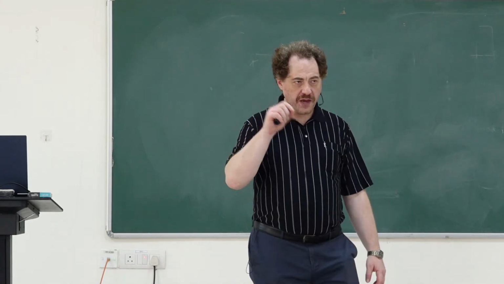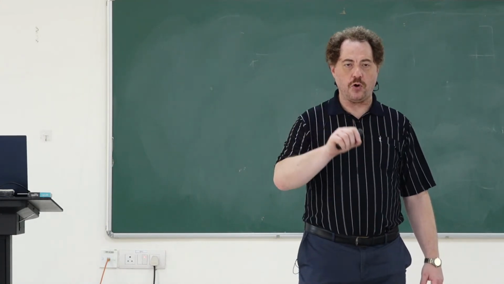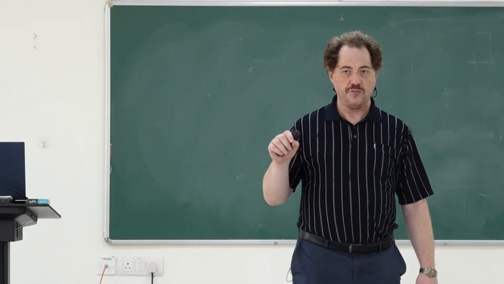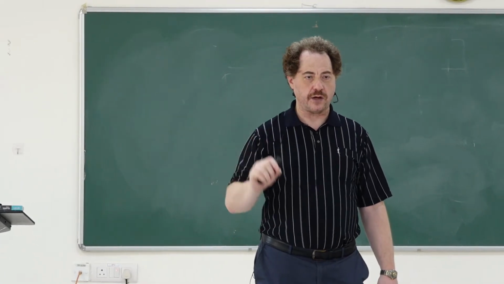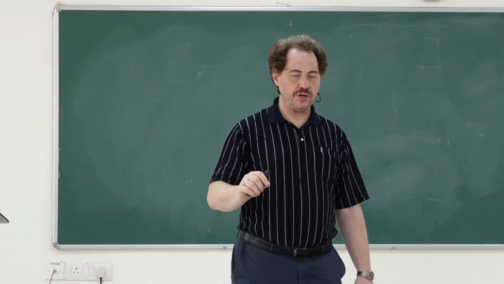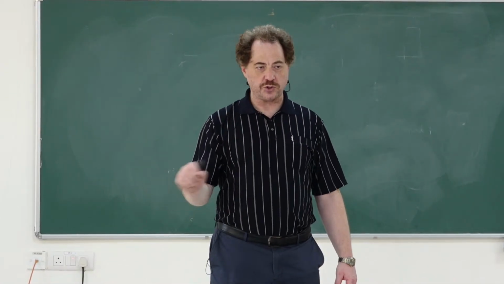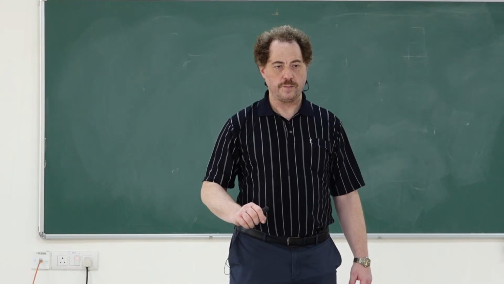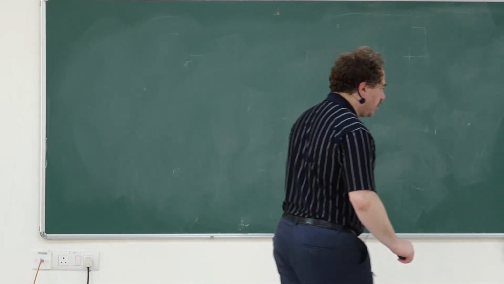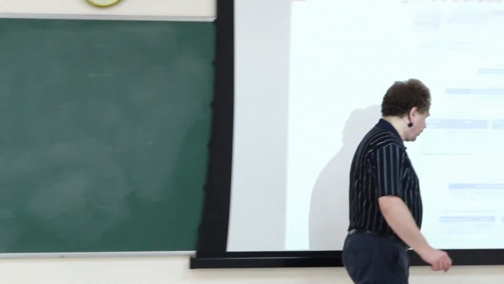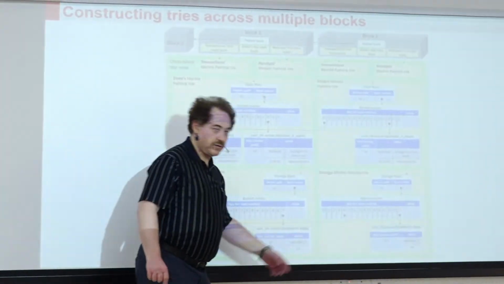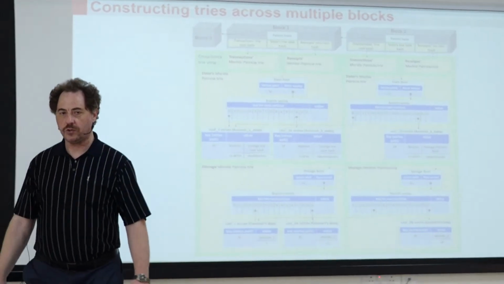So in order to fetch and update the value of a variable in the program, we first need to find the right account by traversing the state tree. Then we need to find the right variable for that account by traversing the storage tree. And once we find the right variable, we can retrieve its value and update the record in the database.